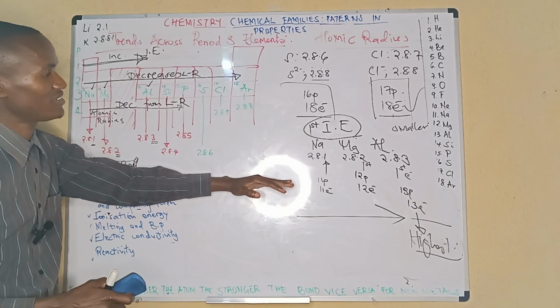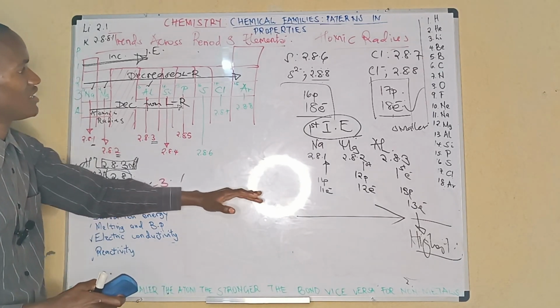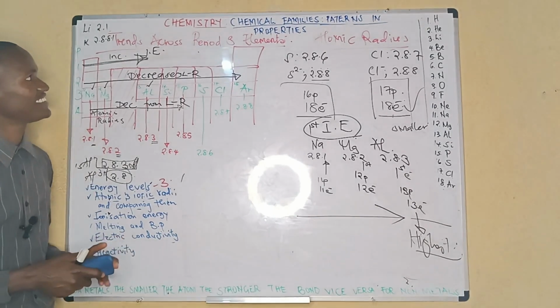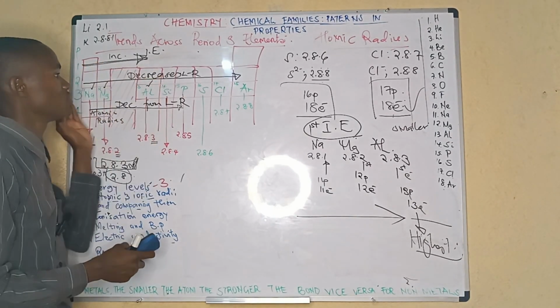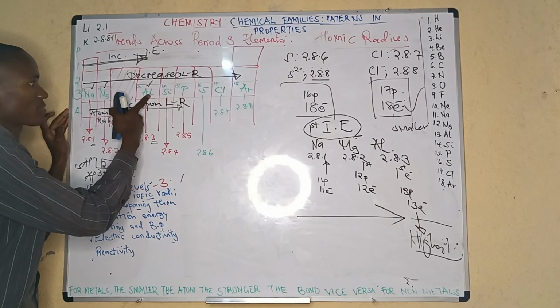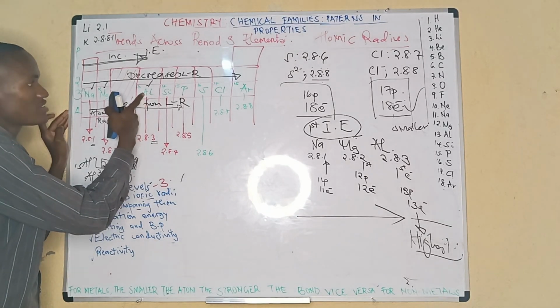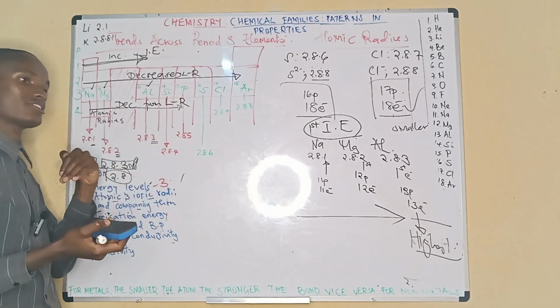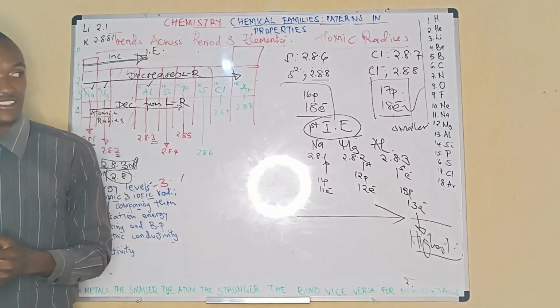When I keep quiet, I'm checking if I said the right thing. And of course it is. Yes, it is increasing from left to right because of the increase in nuclear charge. That leads to the electrons being held so firmly, which means losing that electron will require a lot of energy.